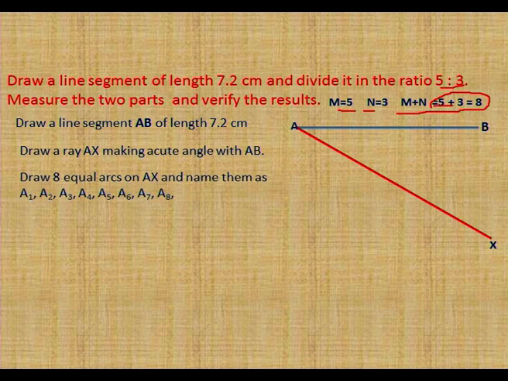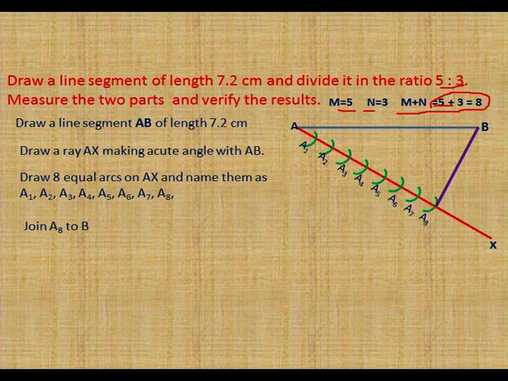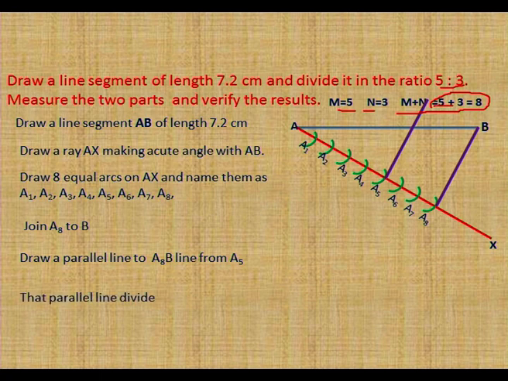Draw 8 equal arcs on AX and name them A1, A2, A3, A4, A5, A6, A7, A8, and then join A8 to B. Which is the required ratio? 5:3. Therefore, we take the point at 5 and draw a line parallel to A8B from A5 to the given line. That parallel line most certainly divides it in the given ratio.